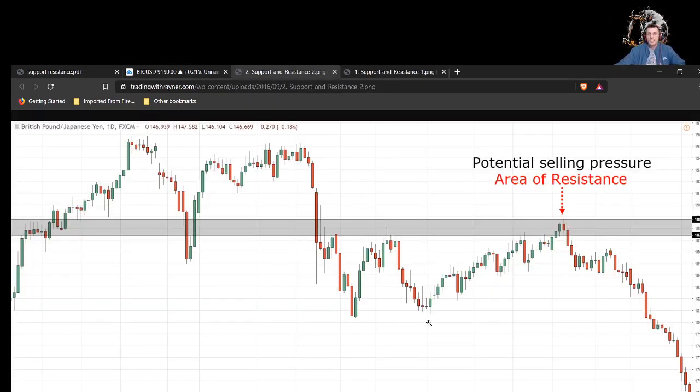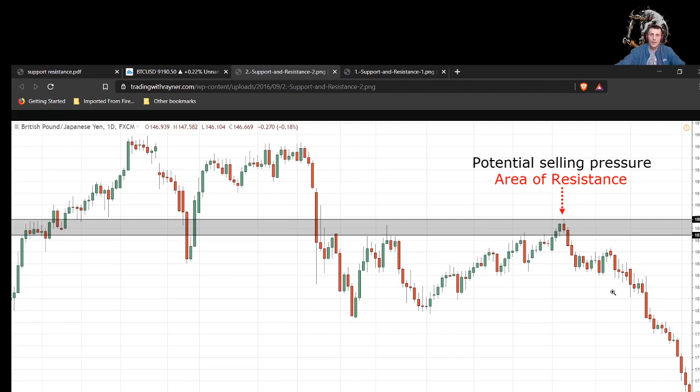Alright, so this is an area of resistance. This is where we have sell pressure. A lot of people, especially new people, are going to draw their resistance lines right where the price action stops. For support to be valid, you want to draw your line with as many touches as possible.